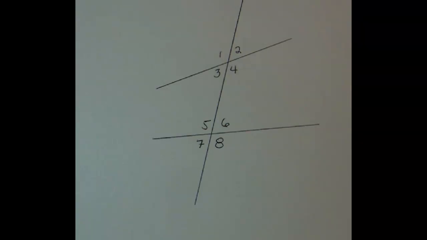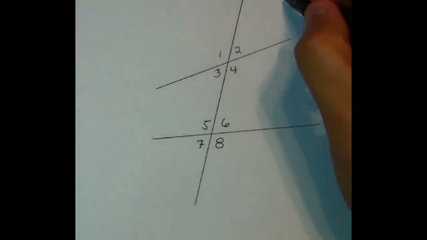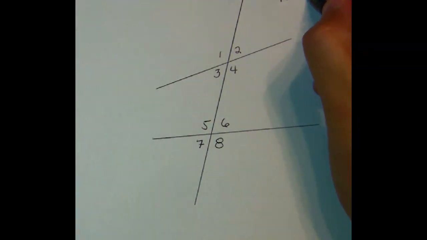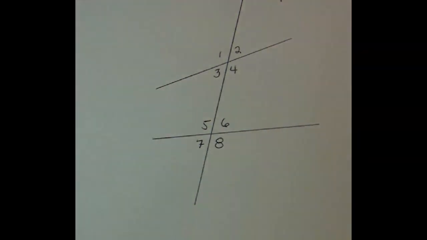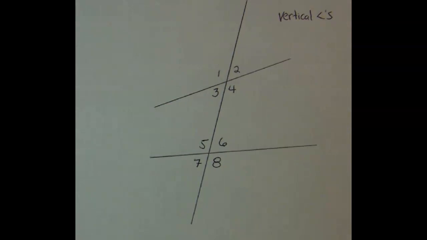Now the first one is one that we all should know, which is vertical angles. Vertical angles are the angles that form that X shape. It's got to be that perfect looking X, and it's the angles that are across from each other.